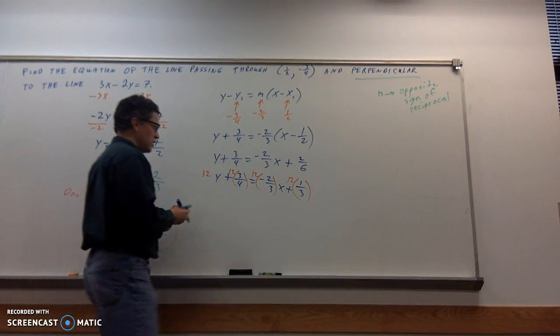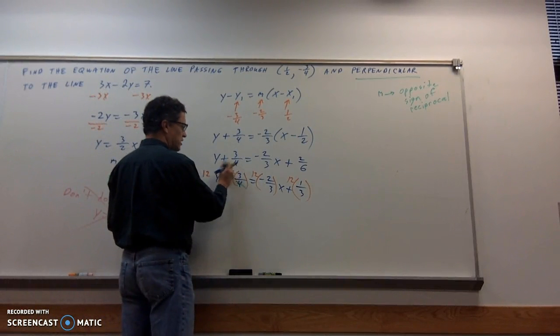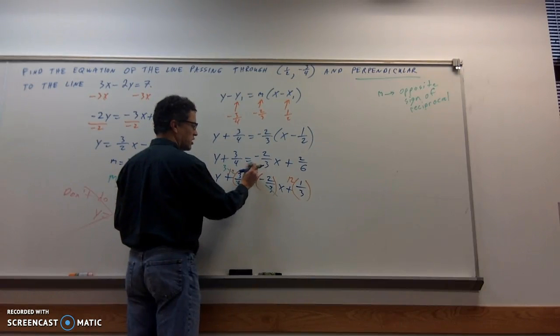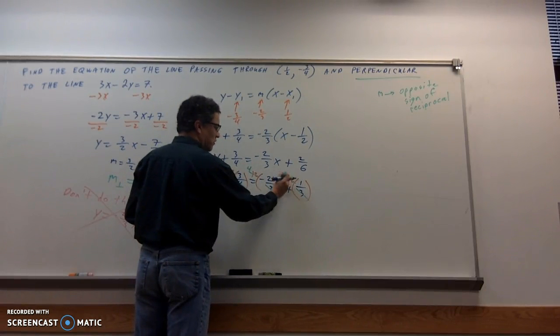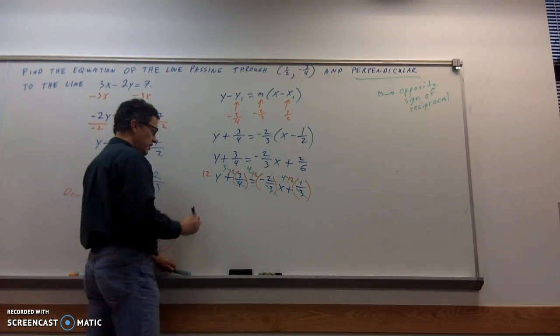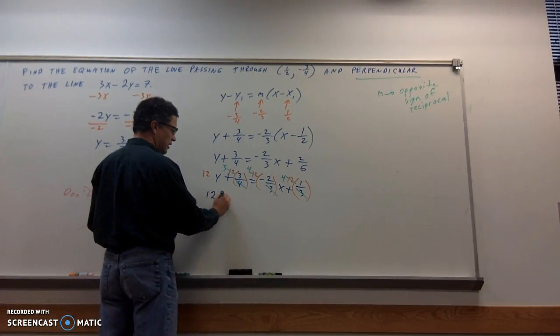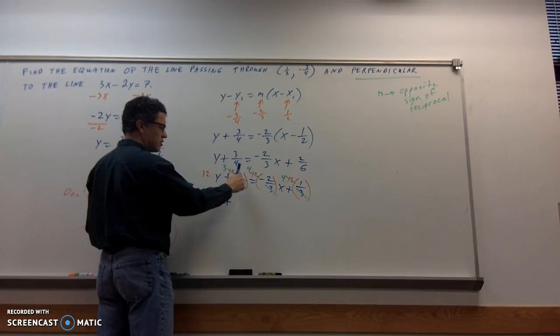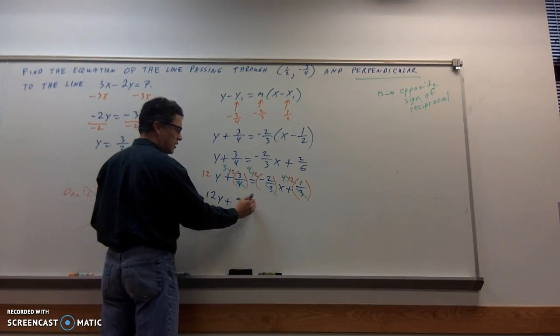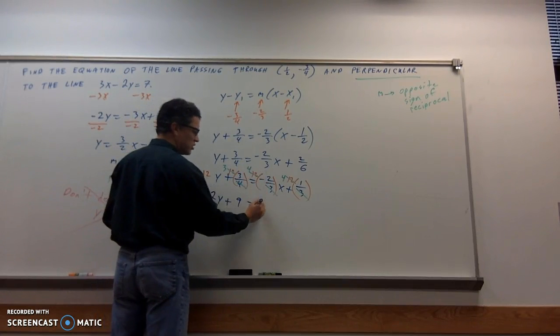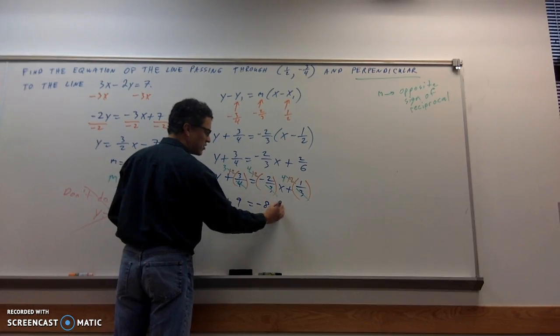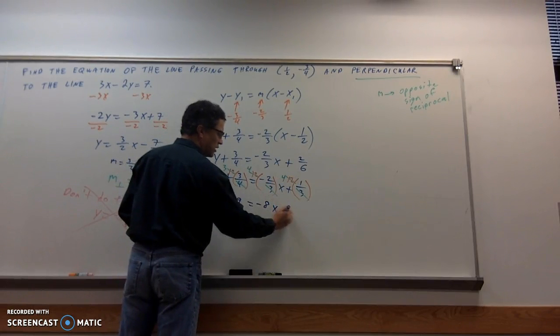So this 4 goes into 12 3 times, this 3 goes into 12 4 times, this 3 goes into 12 4 times. So when I clean it up, I'm looking at 12y plus 3 times 3, which is 9, equaling 4 times negative 2, which is negative 8. Don't forget the x. And then 4 times 1 is 4.